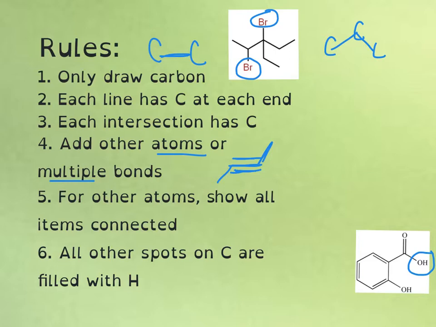Any of the other spots are assumed to be connected with hydrogens to fill up the tetravalent features. So you have the 4 bonds. So this zigzag up here in the upper right would be a CH3, CH2, CH3, or it is a propane.